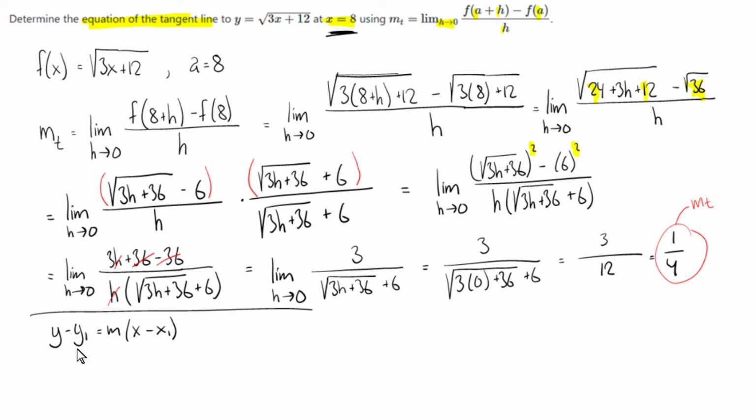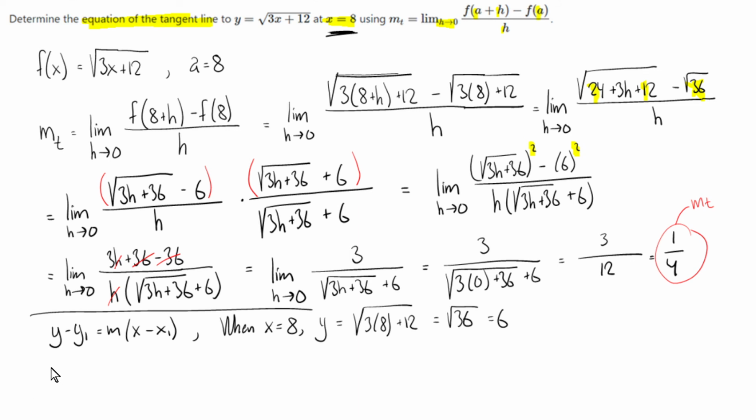We need to find the corresponding y-coordinate. So when x equals 8, then y equals the square root of 3 times 8 plus 12. If we evaluate that, we get the square root of 36, which is 6. So we have a point with x-coordinate 8, y-coordinate 6.